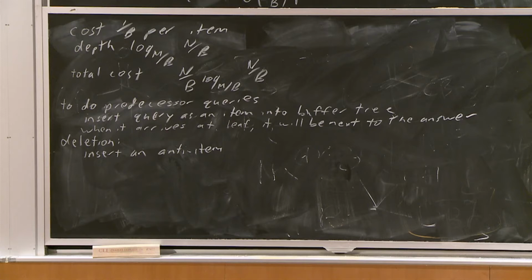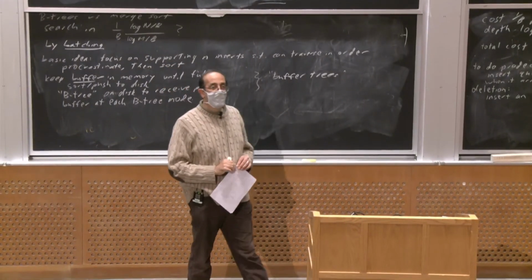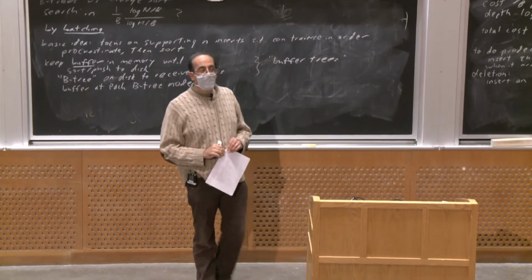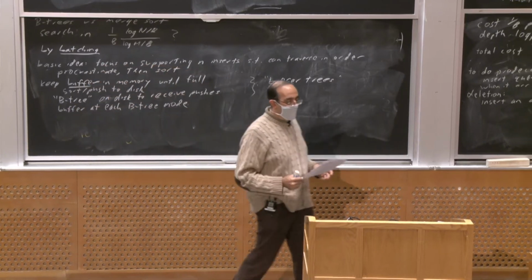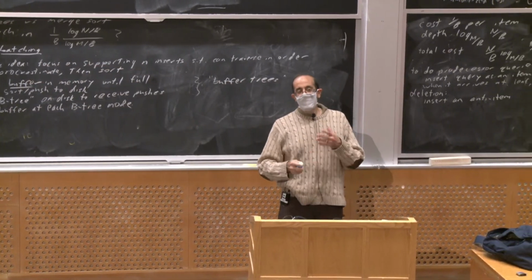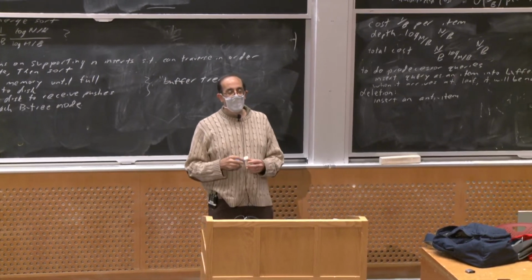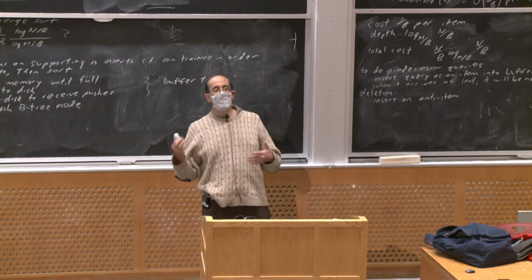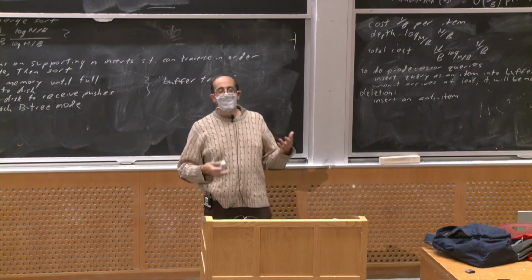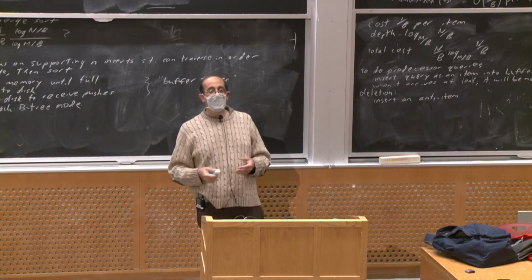So again, we can't predict when this will happen, but we know that it will happen eventually. So what we have here is a data structure that has a very low cost per operation, but an unknown latency, right? It will eventually give the answer, but you can't say exactly when.